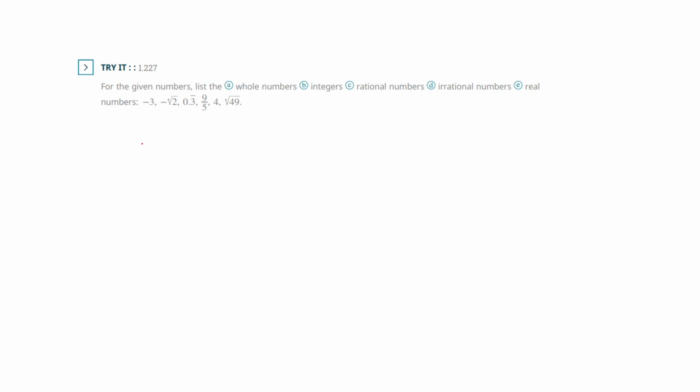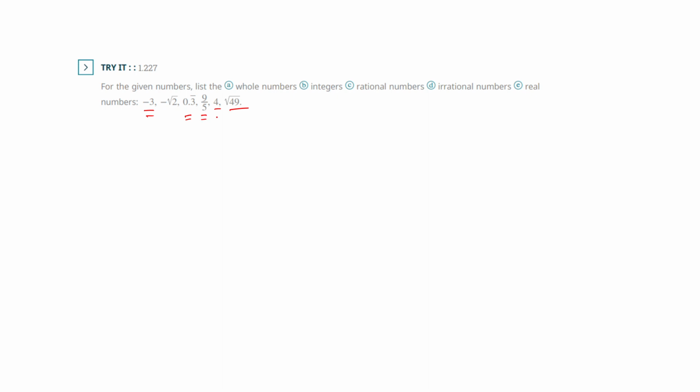Okay, so let's go through whole numbers first. So the only whole number is the number 4, because that was 1 on up. Now we go to integers. Well, this guy, so negative 3, 4, and then this guy, because it's really 7, we're going to say he's an integer. Okay, rational numbers are any that can be expressed as a fraction. So that can be. This can be because he repeats.